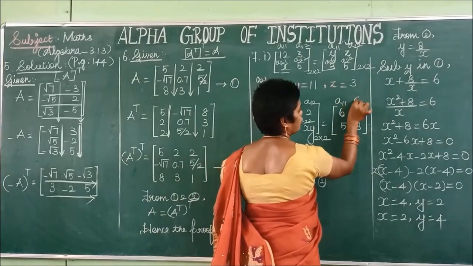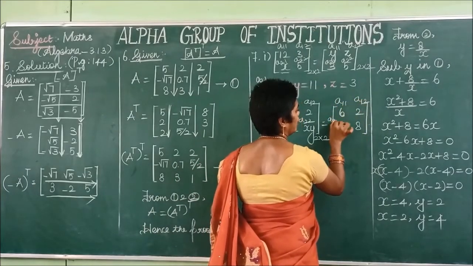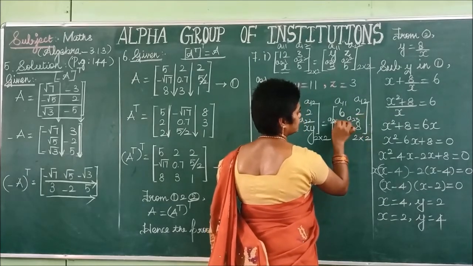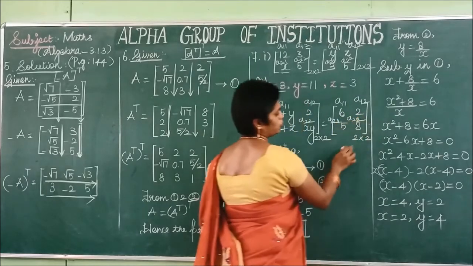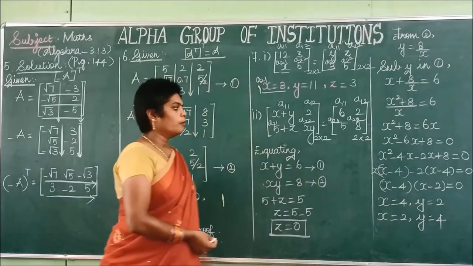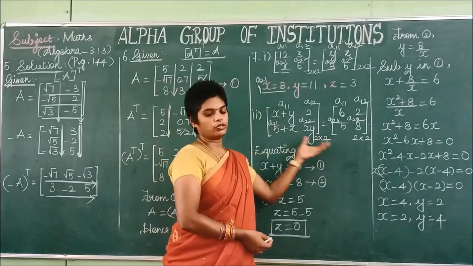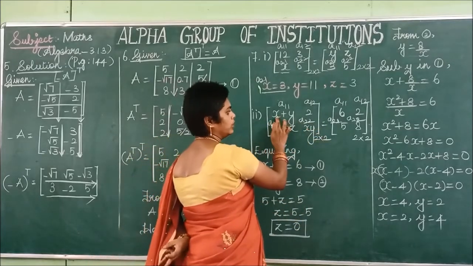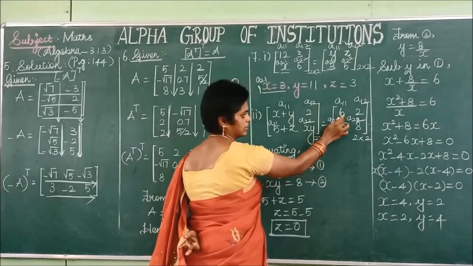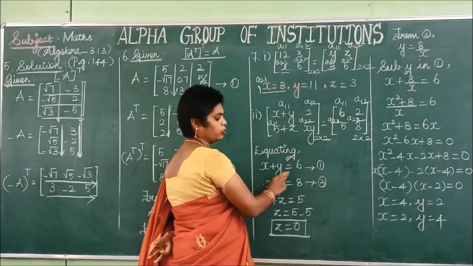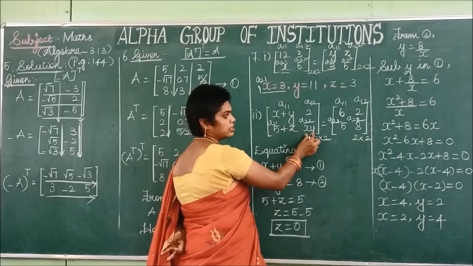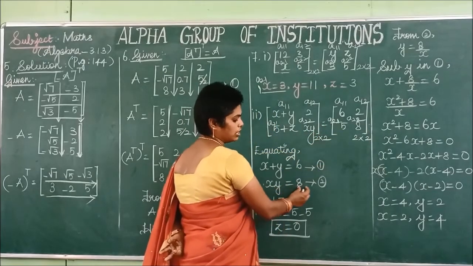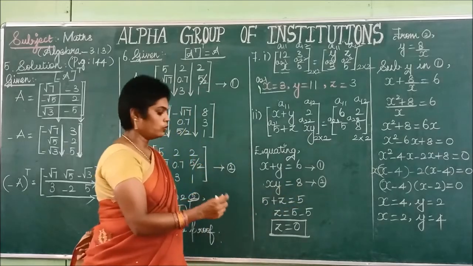The next matrix is A11, A12, A21, A22, also of order 2 cross 2. Both the matrices are of order 2 cross 2, so you can equate the values. First equate the A11: x plus y is equal to 6. Write the equation x plus y equal to 6. Then consider A22 equal to A22: xy is equal to 8.